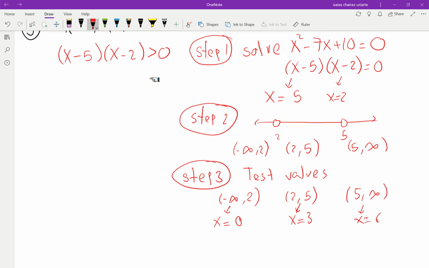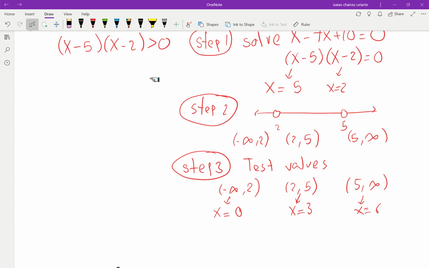Yeah? Now let me test. If I plug 0 into my inequality up here, I'm going to end up with the product negative 5 times negative 2, which is positive because it's a negative times a negative. So this looks like a good interval right here. Now let me test my value x equals 3.